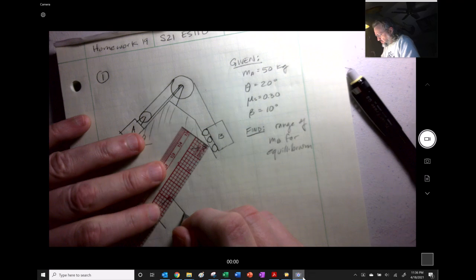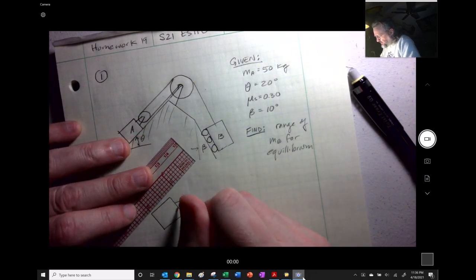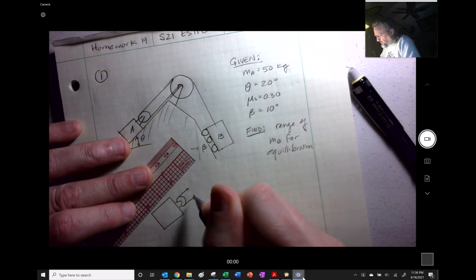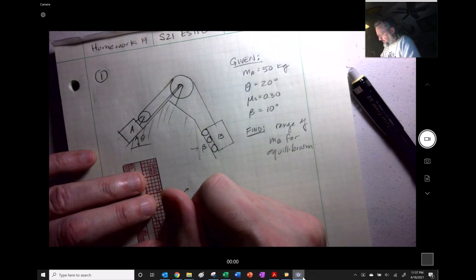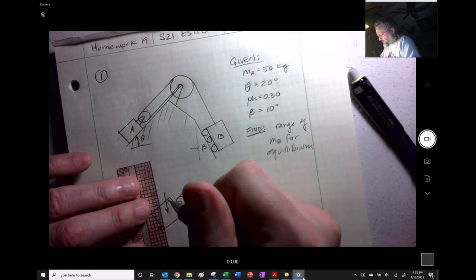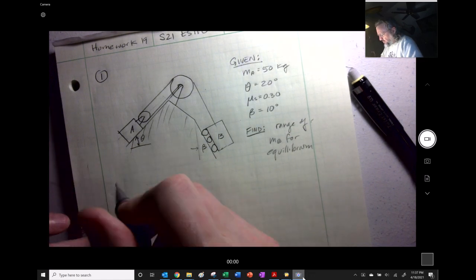Make him look reasonably blockish. We're going to cut the cables right there. And it's got a weight coming downwards, like right there. And here is the slope of the thing.